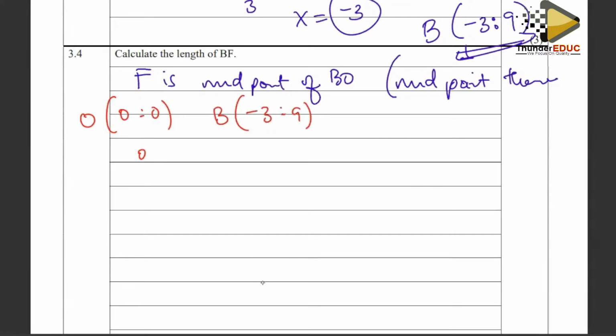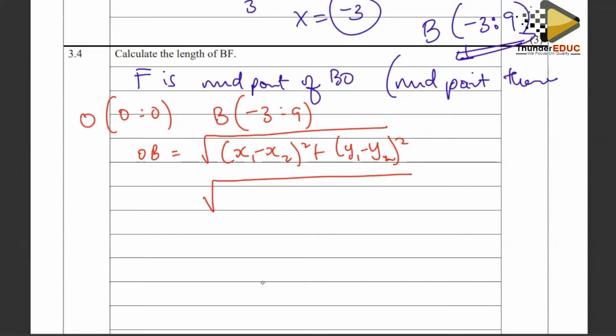Let me use the distance formula, which is the square root of x1 minus x2 squared plus y1 minus y2 squared. Substituting, that's 0 minus negative 3 squared plus 0 minus 9 squared. That gives me 9 plus 81, which is the square root of 90, and that gives me 3 square root of 10.